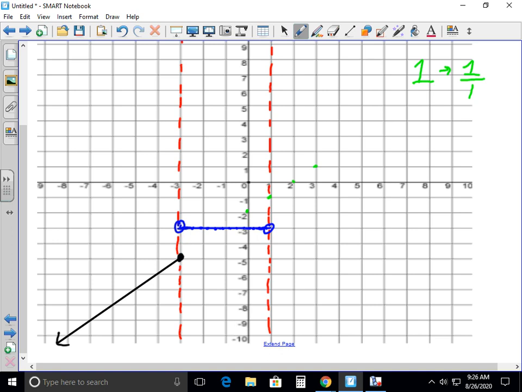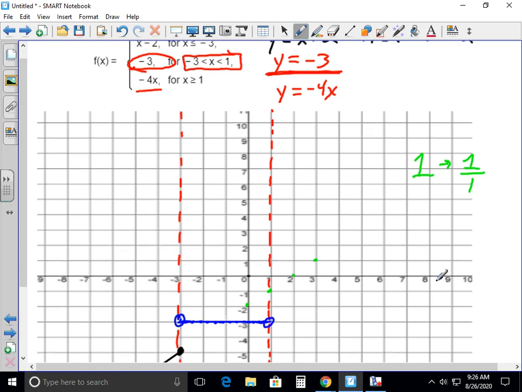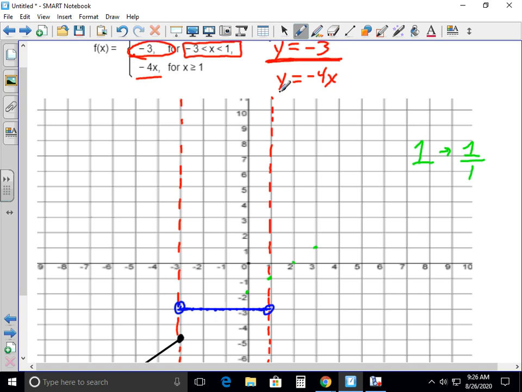So for the last part of the graph, we're at y equals negative 4x. Again, that's going to be a straight line. It's not quadratic. Our x is to the first, and that's going from 1 to infinity, so from here over. So another way we could do this is we could just do some test points in this interval.